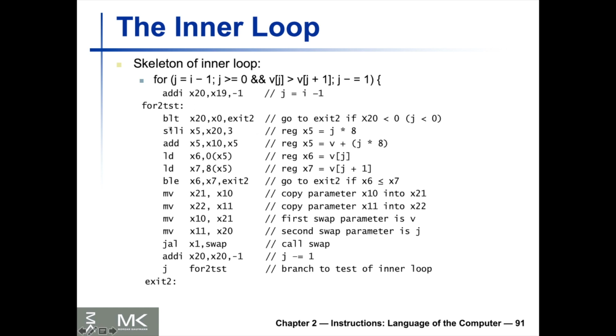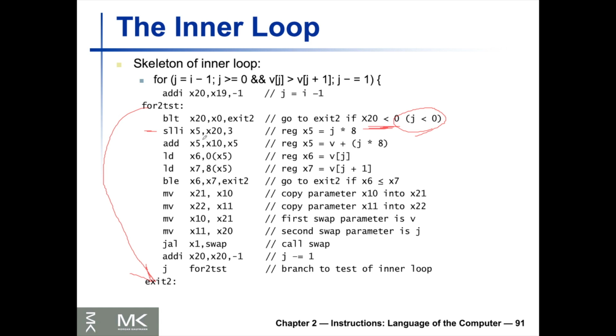We use at first a BLT, if the condition isn't met, so we go to exit right away if x20 was smaller than 0, which is the case when j was negative, right? Otherwise, we carry on. We shift that again by 3, which is equal to 8 here. We add the value of x5 to x10, right?